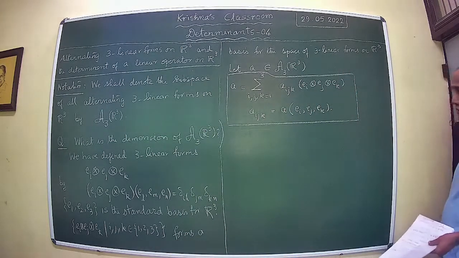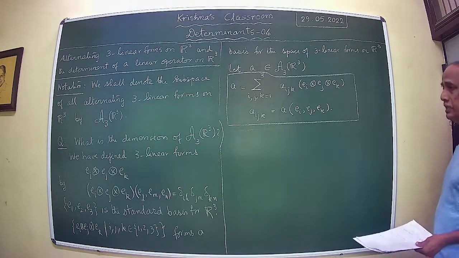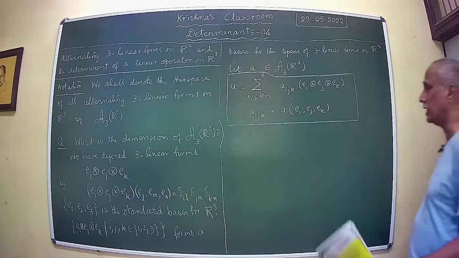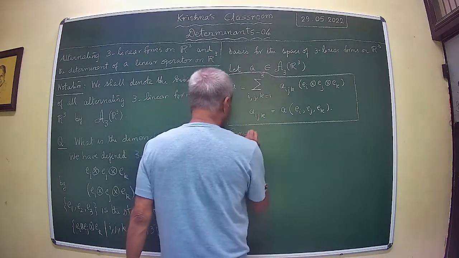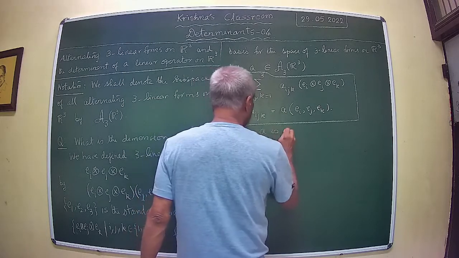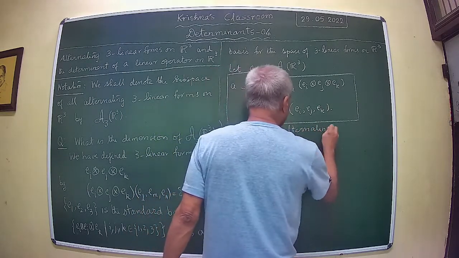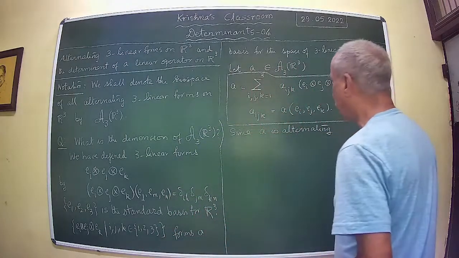Now this is for any three linear form. Now let us use the fact that A is alternating. Since A is alternating, these properties are there.